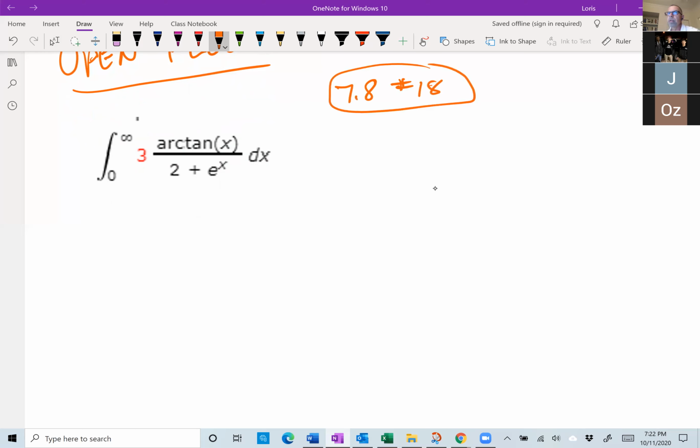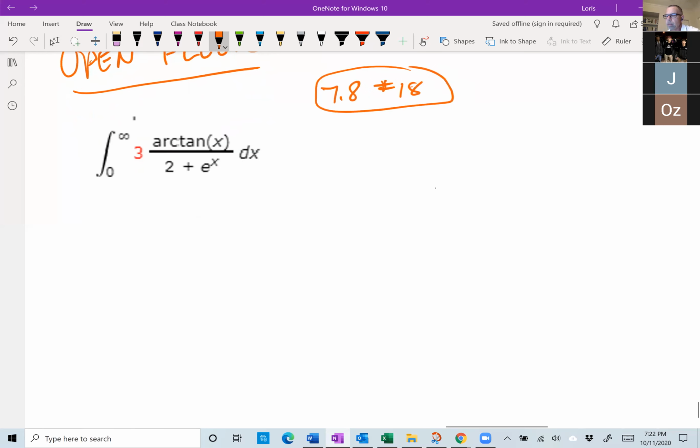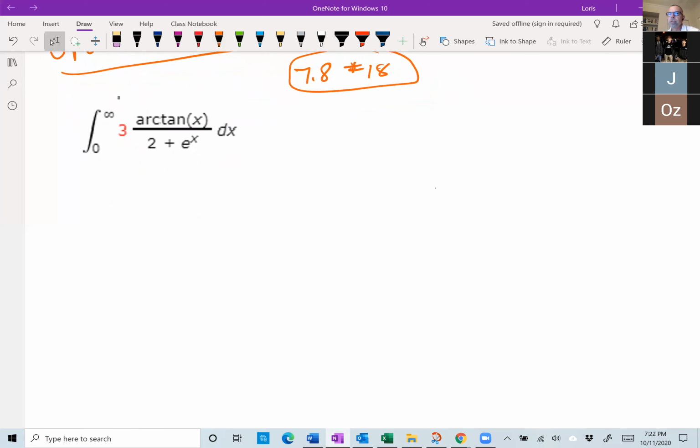So really what you're looking for is one of these terms that is in between two numbers, because then you can put the whole function in between two numbers and you can compare it to, well, I'll show you. So arctangent, or inverse tangent, is in between pi over 2 and negative pi over 2.